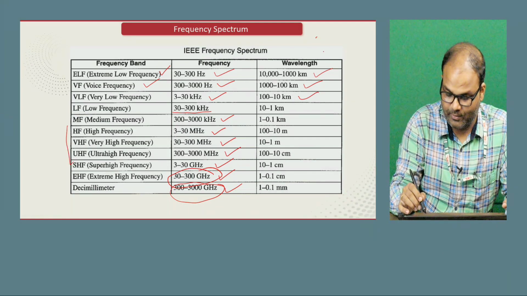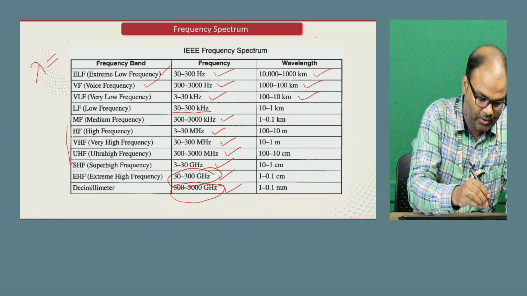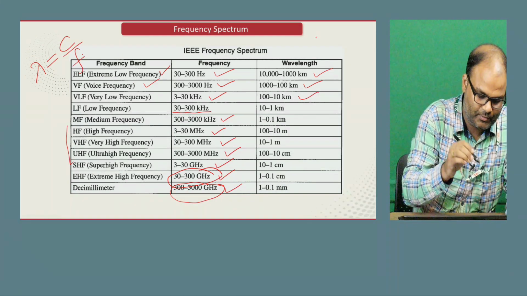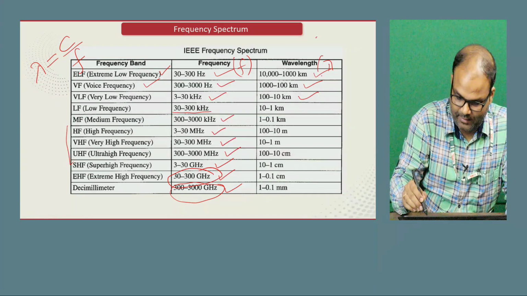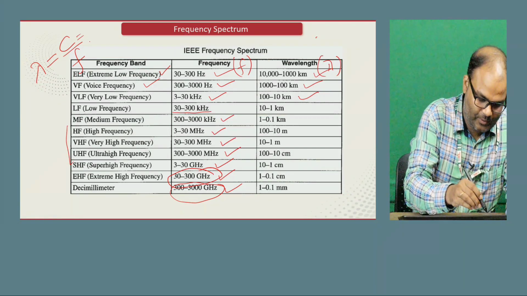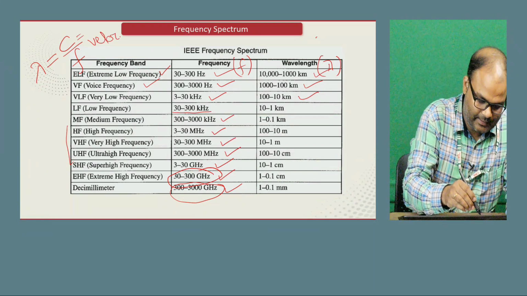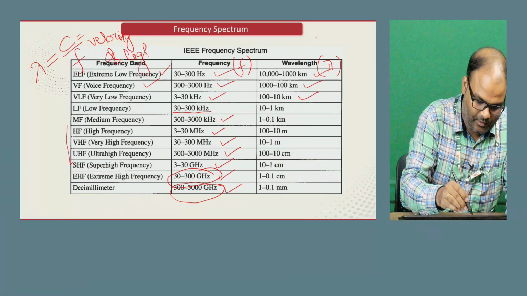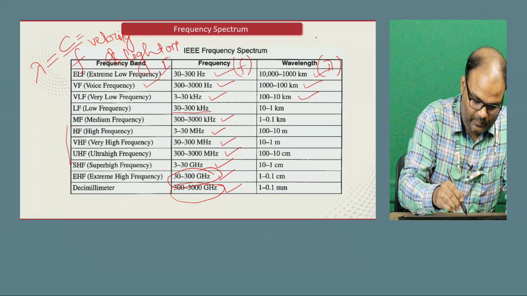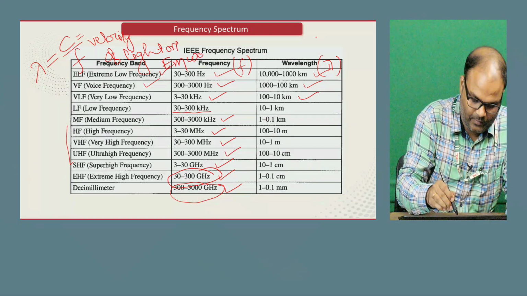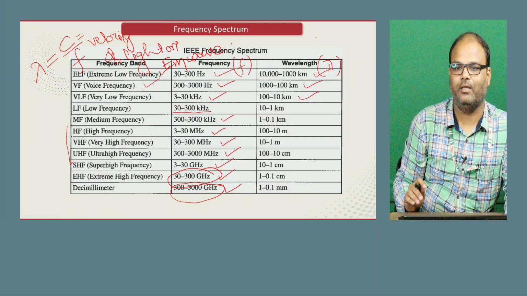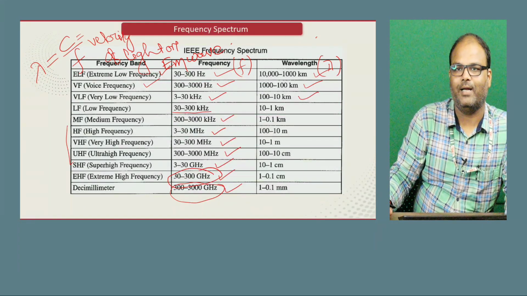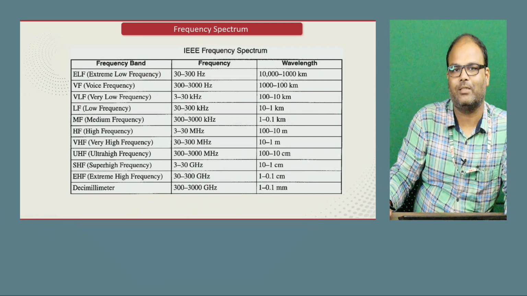The wavelength lambda is equal to C by F. If it is F, it is lambda, then C is the velocity of light or EM wave. So we can write velocity of light or EM wave. Like that we are thinking about two spectrums.